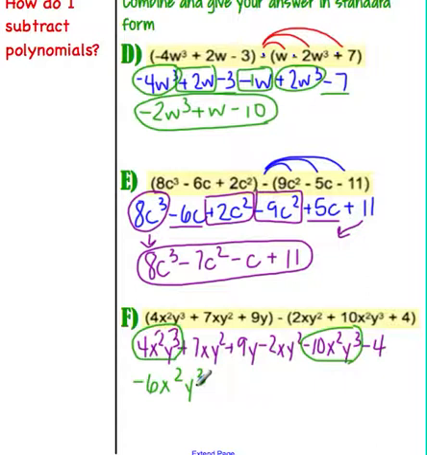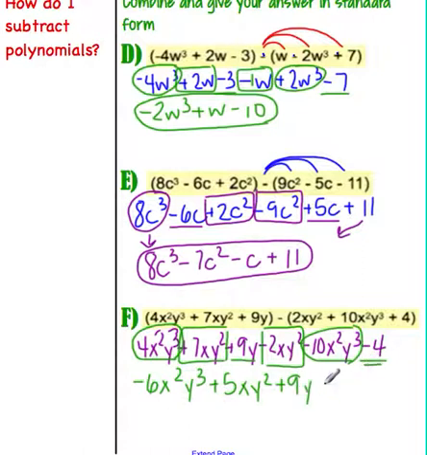Then we have a positive 7xy squared minus 2xy squared. 7 minus 2 is 5, so plus 5xy squared. And then we have a 9y all by itself, so we'll bring that down, plus 9y, and a minus 4. And this long thing is our solution.